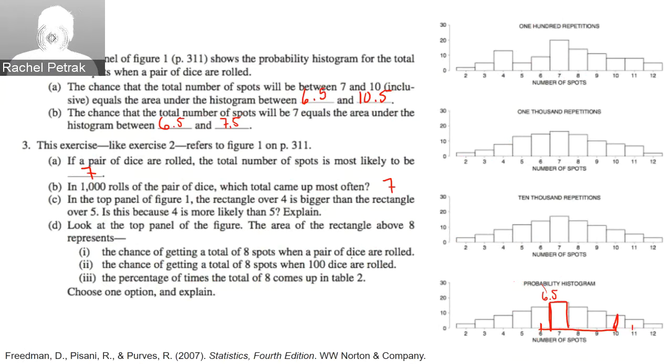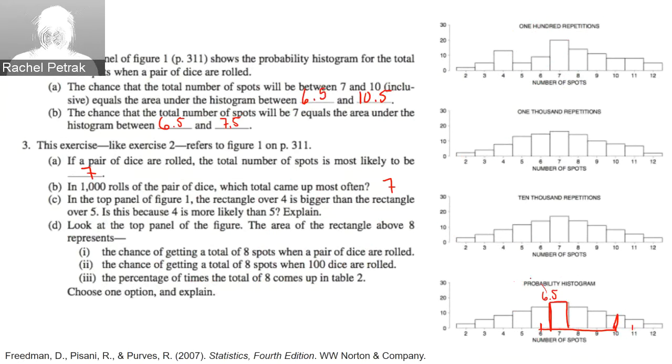So we have 8 spots. What does this represent? It can't be the chance of getting a total of 8 spots when a pair of dice are rolled, because this is for 100 repetitions. Is it the chance of getting a total of 8 spots when 100 dice are rolled? Not exactly, because this is an empirical histogram. This represents actual data. It does not represent probabilities.